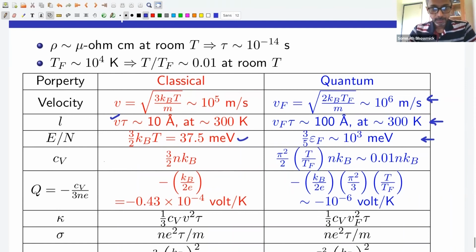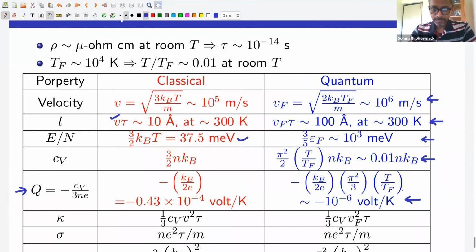Okay. Now, if we calculate the heat capacity, then in the quantum model, the heat capacity is 1/100th of the classical model. And then there is something called thermopower, which is a function of heat capacity, and naturally that is also 1/100th in the quantum model, right?